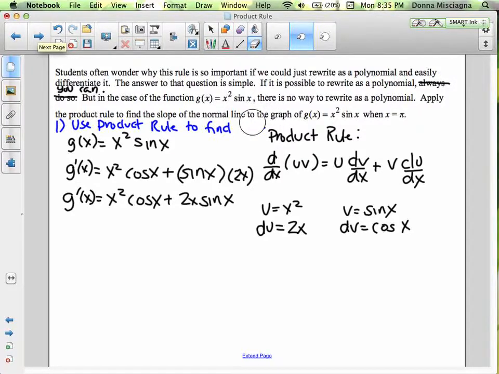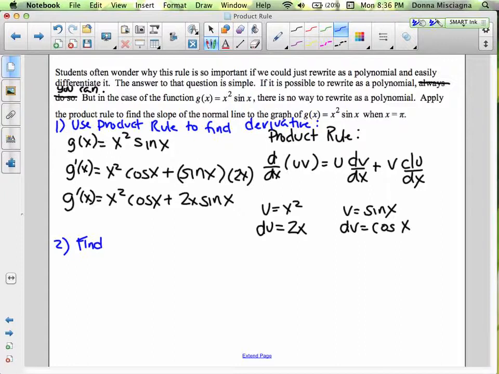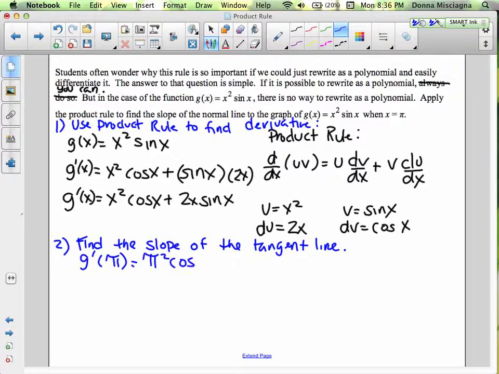And my R looks remarkably like a V. Number 2, right, we need to find the slope of the tangent line. And to do that, we just find g prime of pi. And so that's going to be pi squared times cosine pi plus 2 pi times sine pi.